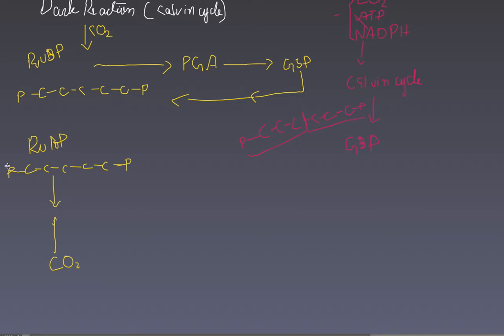So let's say we have three molecules of RuBP and three molecules of carbon dioxide, and they react with each other with the help of an enzyme called Rubisco.